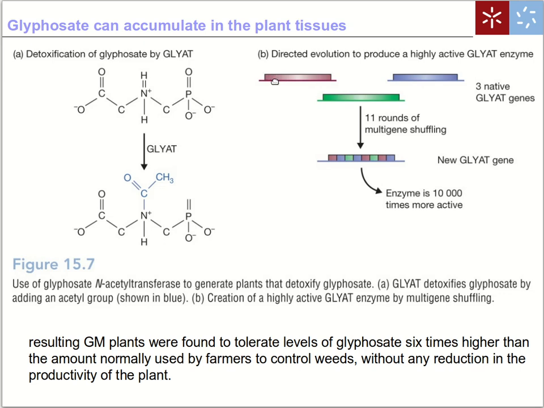They are so homologous, or so similar, that the fragments can anneal with each other, and the gene shuffling increases the diversity between the three.